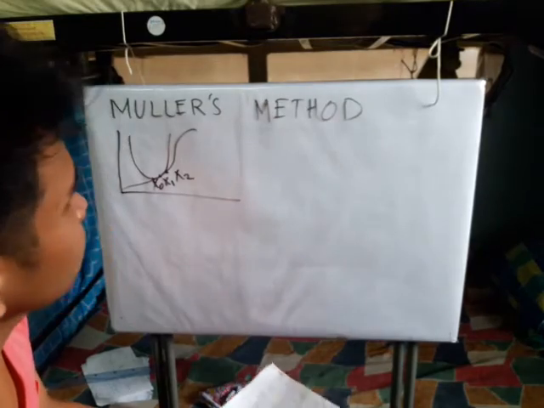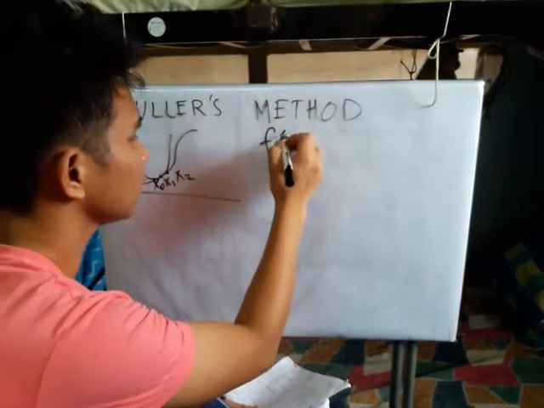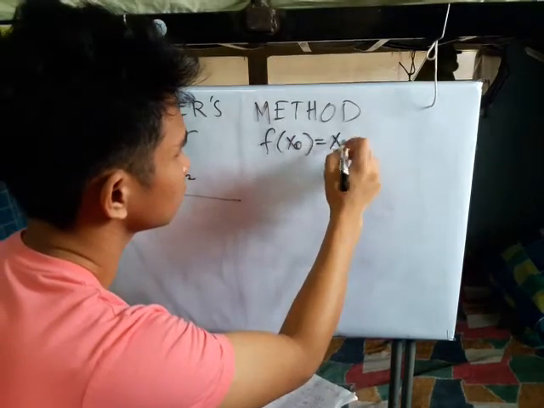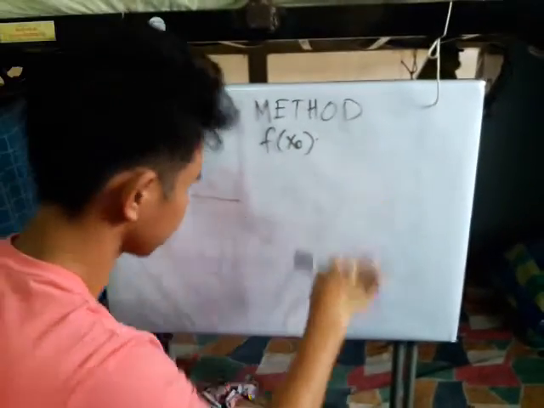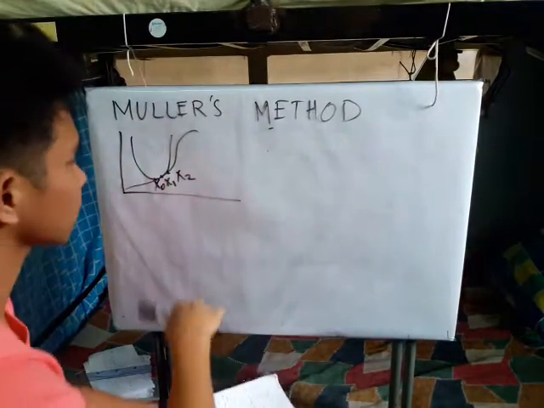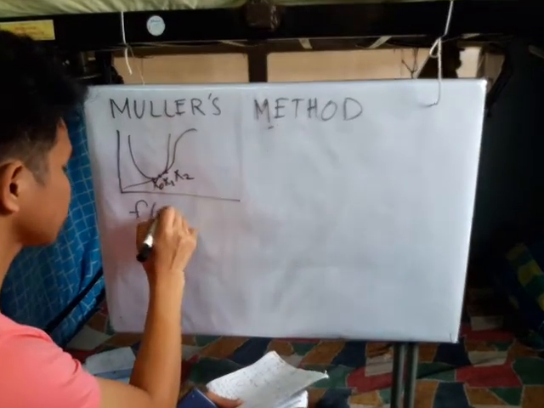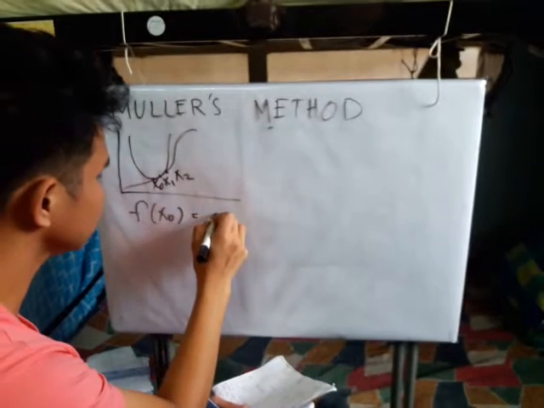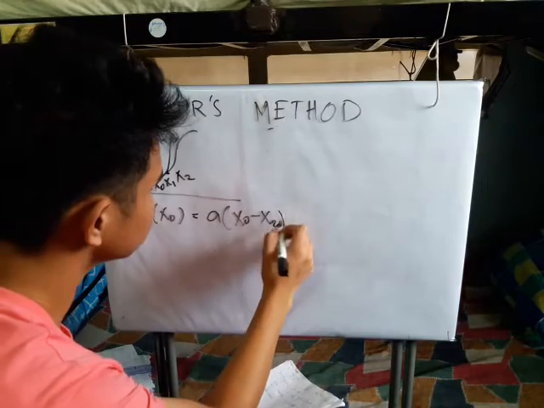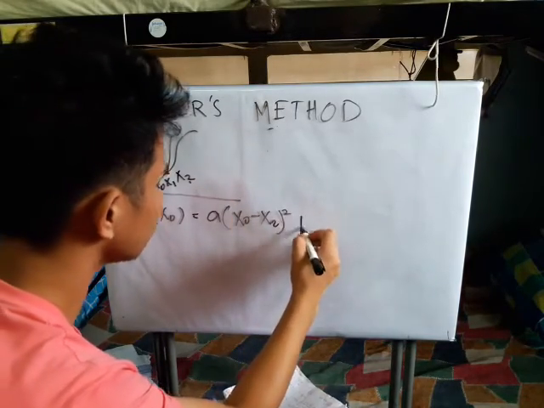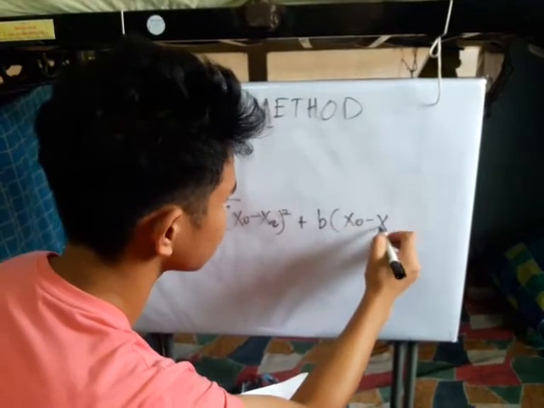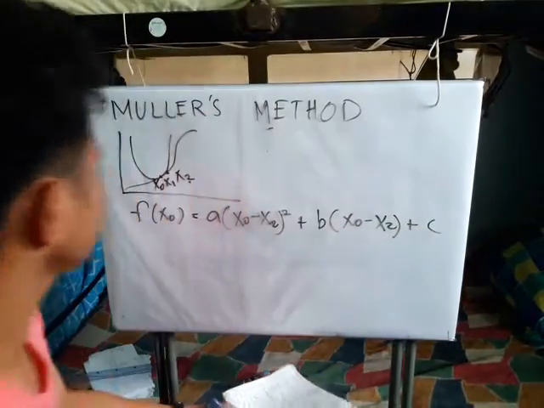So suppose a given function f of x0 is equal to a(x0 minus x2) squared plus b(x0 minus x2) plus c.